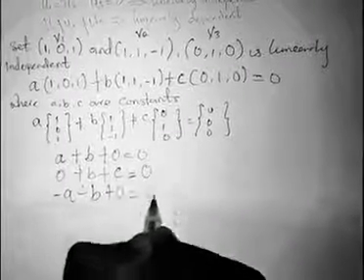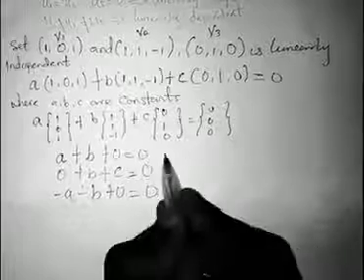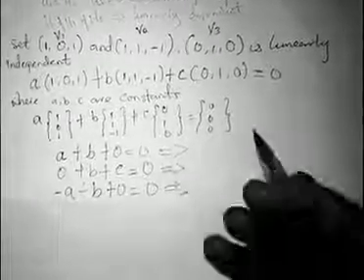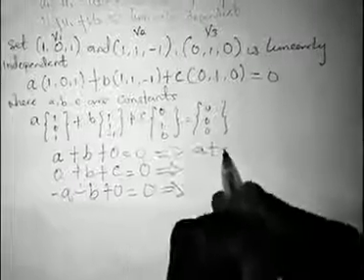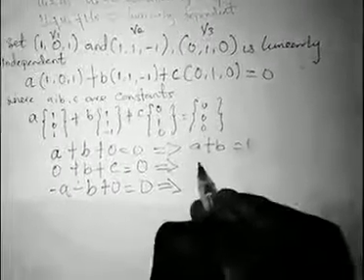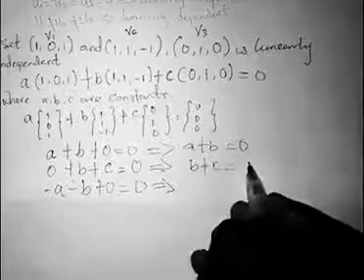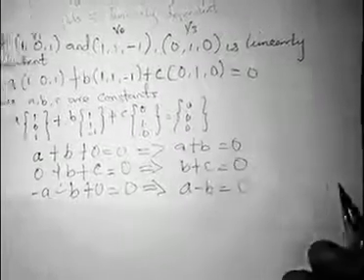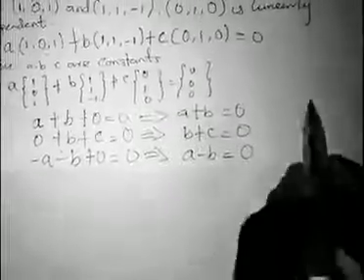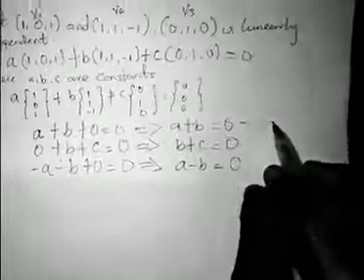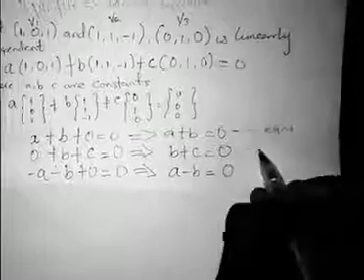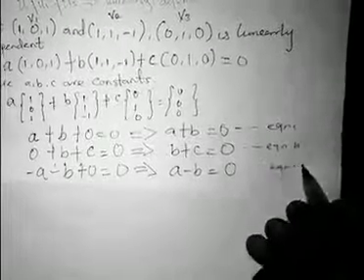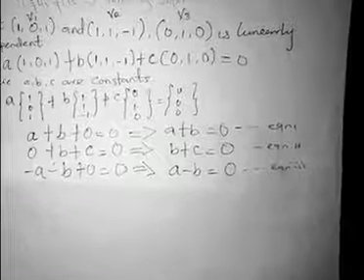So plus 0 equals 0. So we can further expand this to be a plus b equals 0, b plus c equals 0, and a minus b equals 0. So these are the three equations there. Let's call this one equation 1, equation 2, and equation 3.